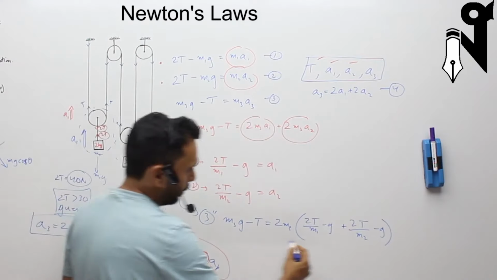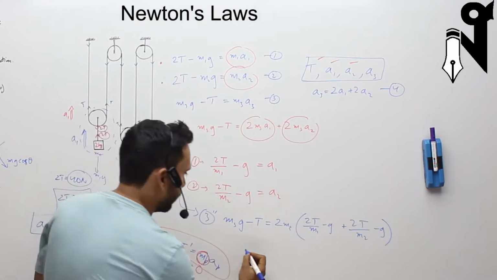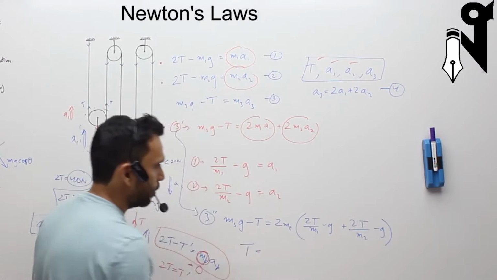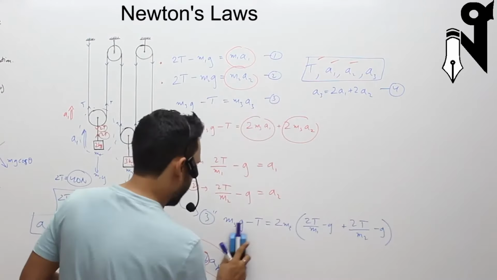So here we have an equation which has just t's in it. T is the only variable in it. So you can very well take out the t by putting all the t's on one side. If you want, I can do it for you.